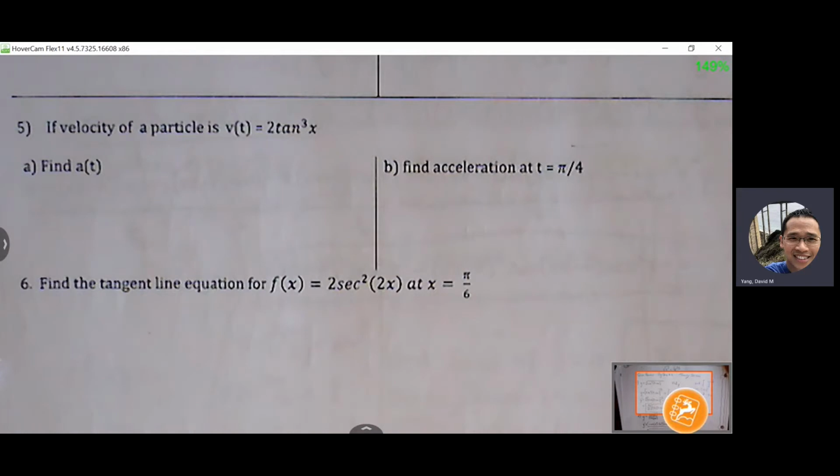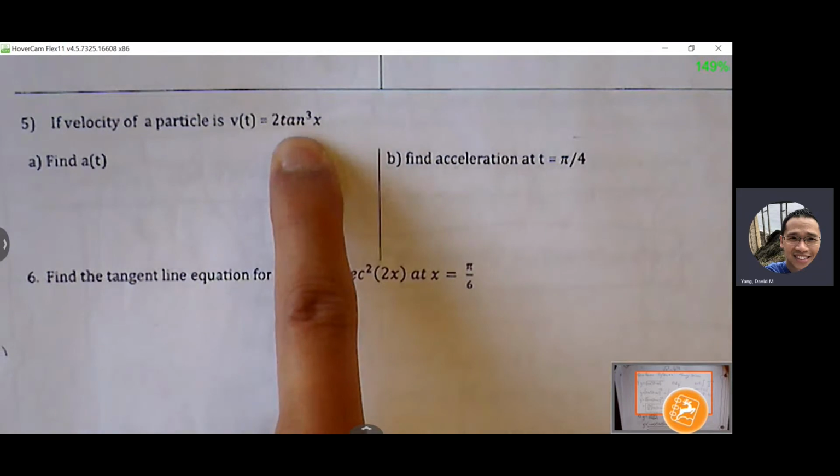Find a of t. To find a of t, I have to find the derivative. To find the derivative, what is involved here?